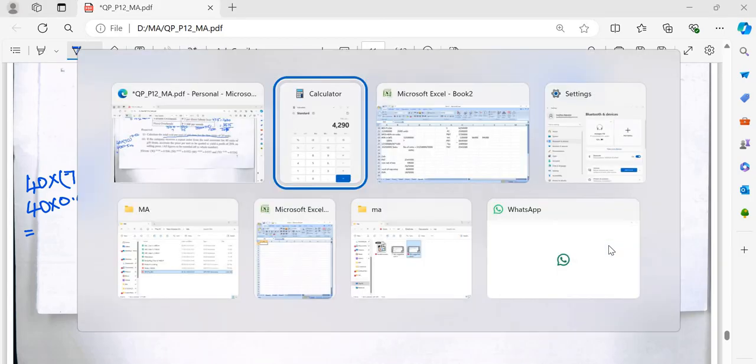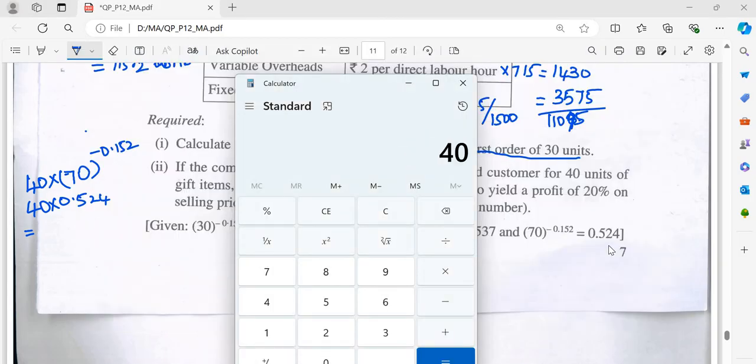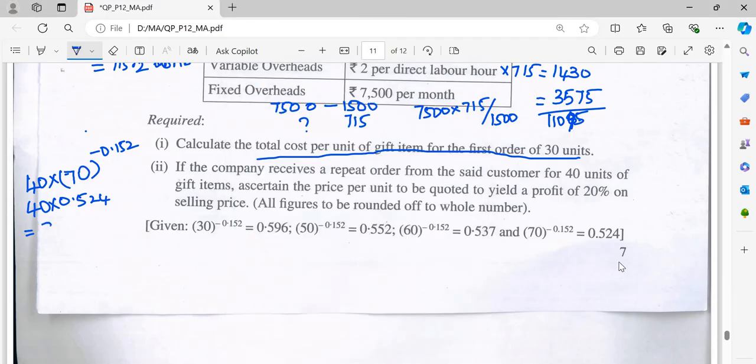So 40 into 0.524 will be 20.96 hours. So total time for 70 units.